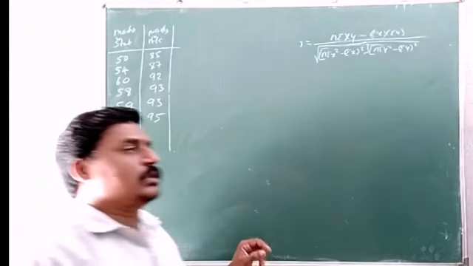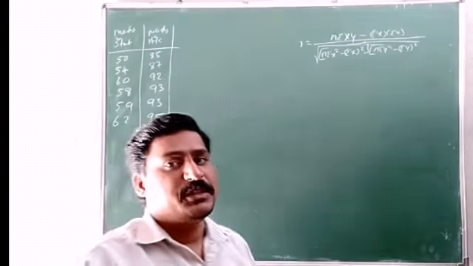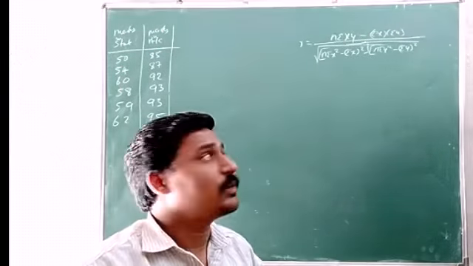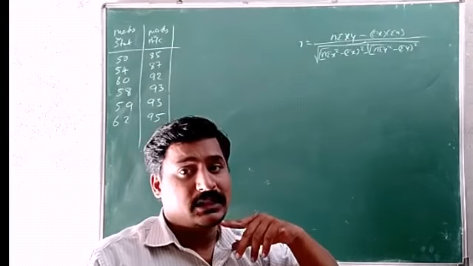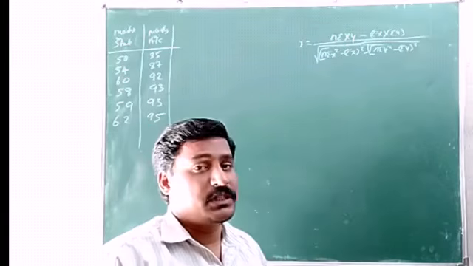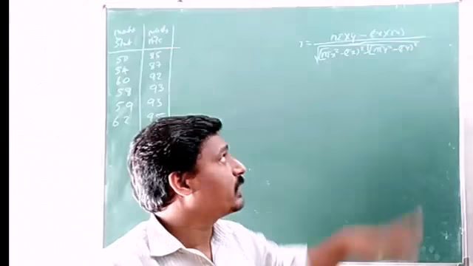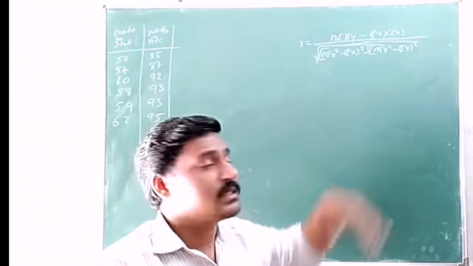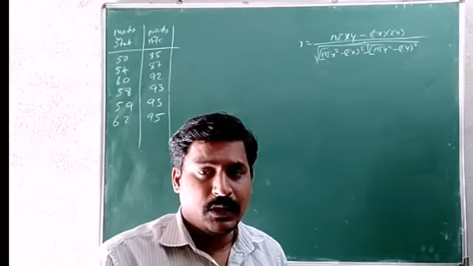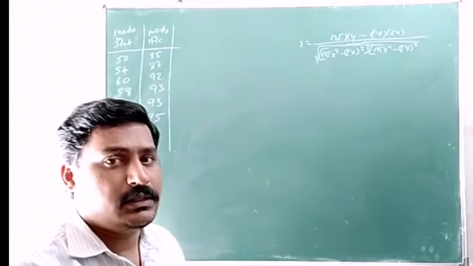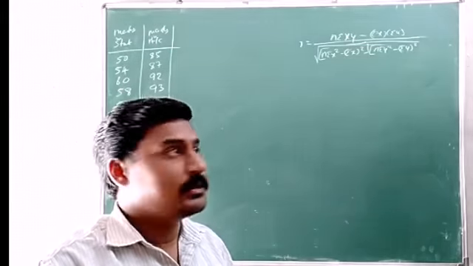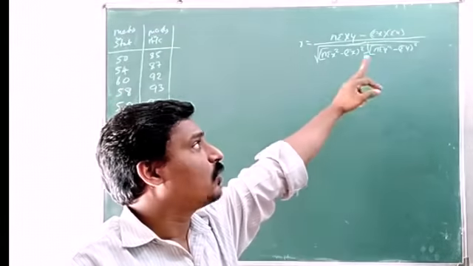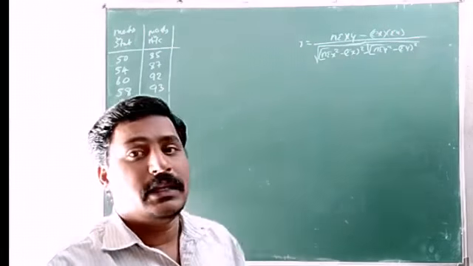So n summation xy minus summation x into summation y divided by root of n summation x square minus summation x whole square into bracket n summation y square minus summation y whole square. That means here we need to find three more columns, that is x square column, y square column and xy column.